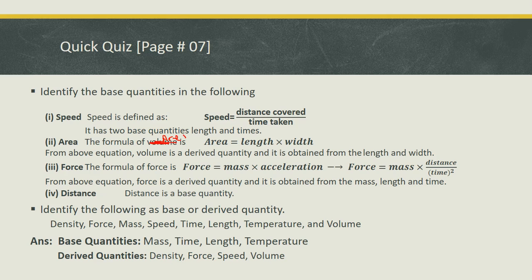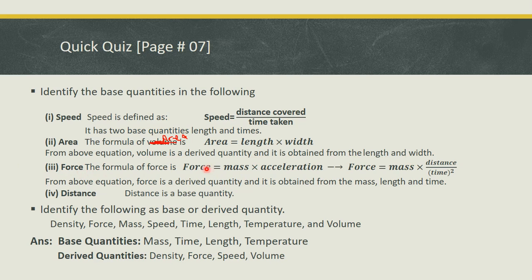Area is defined as length times width. Now length is a base quantity, and width is also a length, so it is also a base quantity. So from the above equation we see area is a derived quantity and it is obtained from length and width.